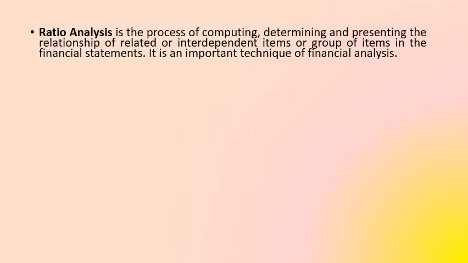It is an important technique for financial analysis. Why is it? Because it compares the financial data. Ratio means comparing two financial data for an accounting period or maybe different accounting periods, and that's why it helps us to take decisions for the improvement or betterment of the company.